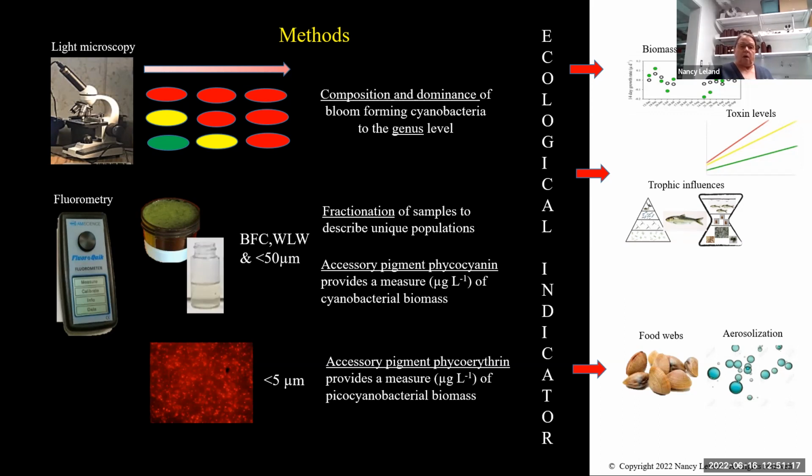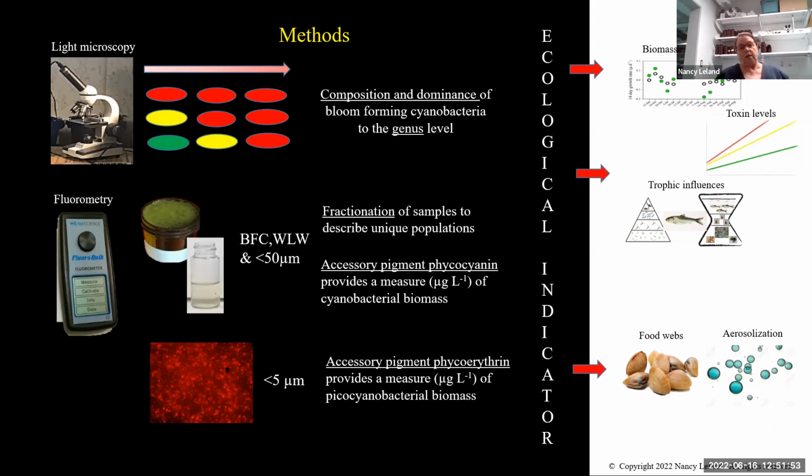And we also are able to more fully use the whole idea of accessory pigments. So one of the more common accessory pigments that people use is phycocyanin, and that is providing a measure of cyanobacterial biomass, as compared to something like chlorophyll that's going to be looking at all plant growth within the water column. Phycocyanin is cyanobacterial specific. The other accessory pigment that we're using is phycoerythrin.